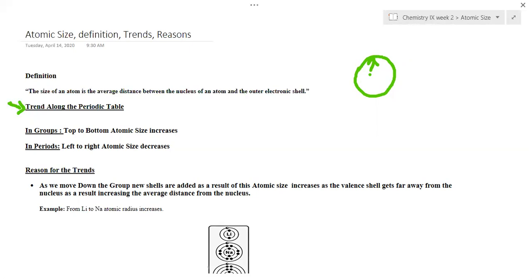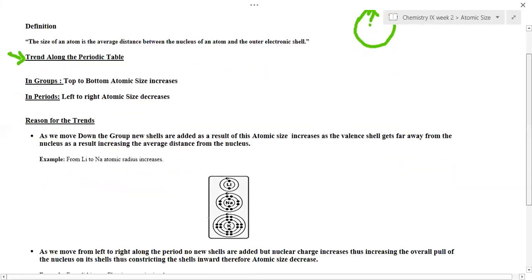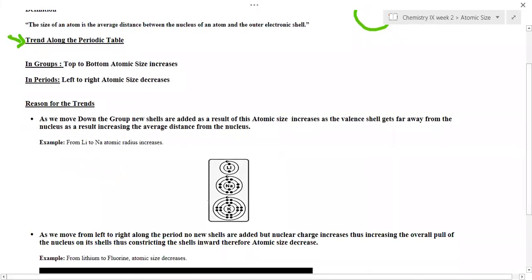Let's talk about the reasons behind it. The reason for this trend is that as we move from top to bottom, new shells are added. And if new shells are added, you may start building a concept in your mind that the size is going to increase.